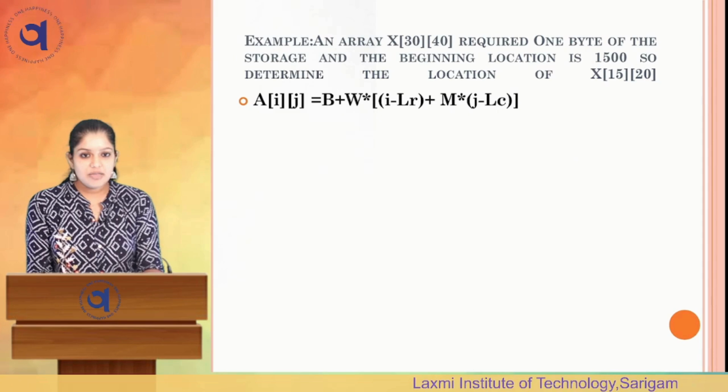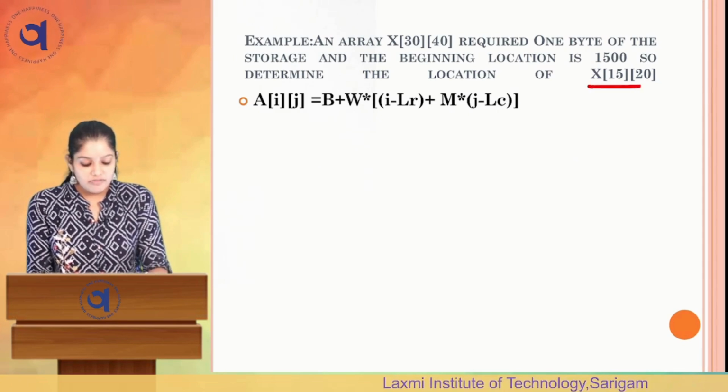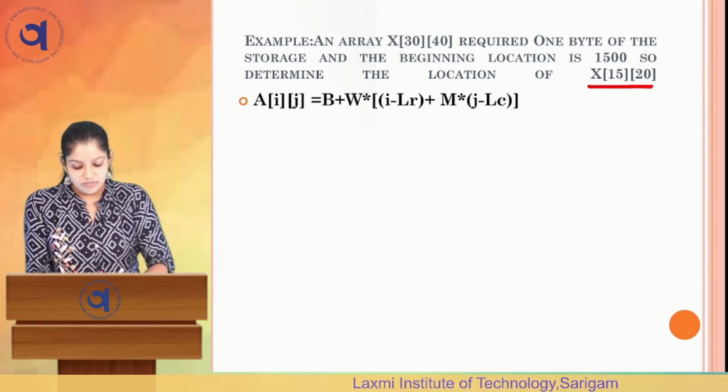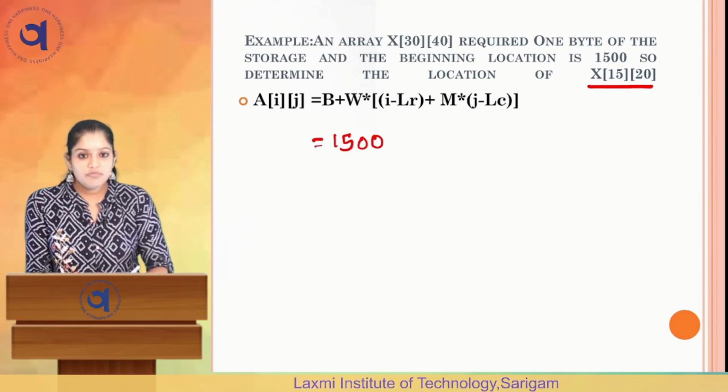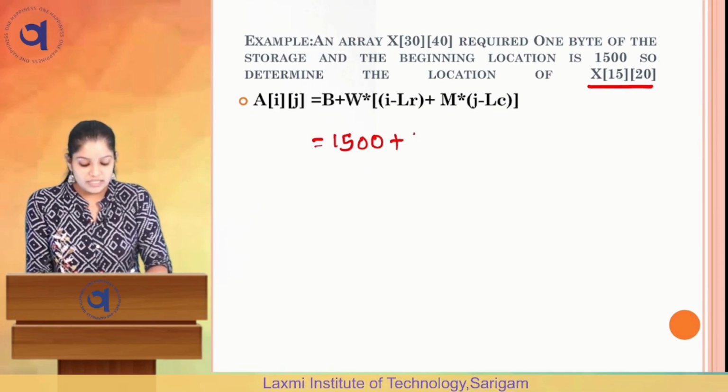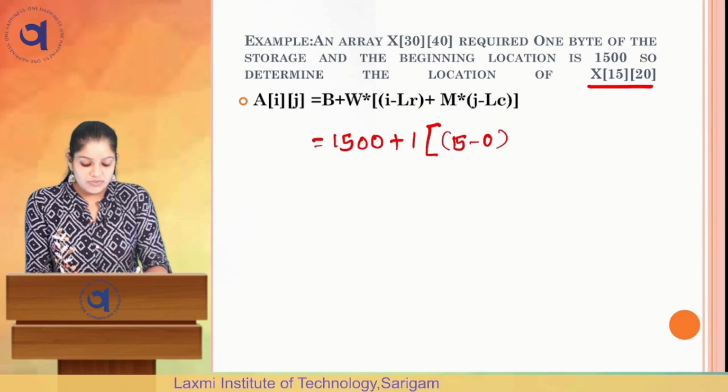So, again the same example, X[15][20], we need to find. Simply, it is 1500 because our b is 1500, w is 1. What is my i? That is 15 minus LR, which we consider as 0, plus m.